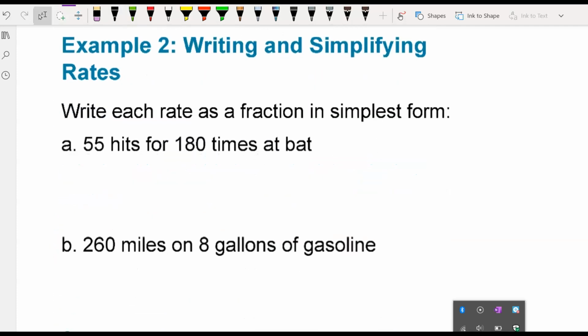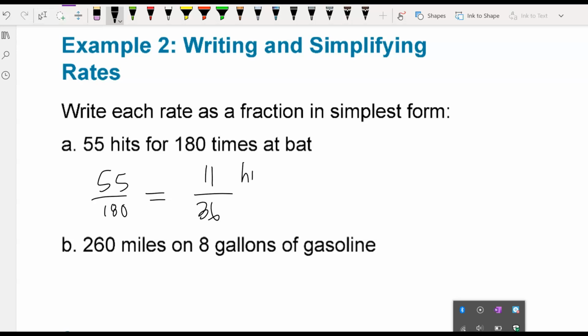All right, writing and simplifying. So it says write each rate as a fraction in simplest form. 55 hits for 180 times at bat. So 55 over 180. And then they reduce by 5. So 11 over 36.